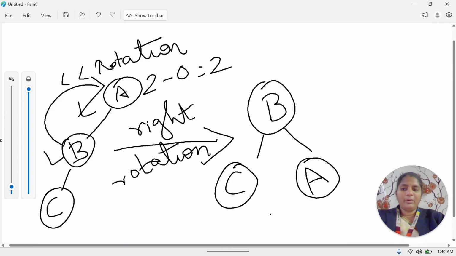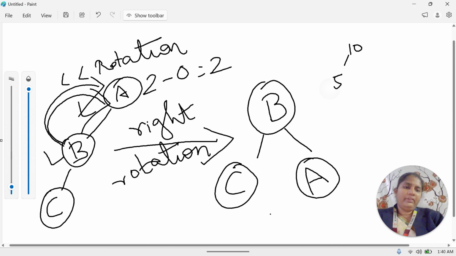We are going to move B, so B comes first, and we rotate B. So B and C come. This is for the LL case. For example, 10, 5 and 2. 5 is less than 10 and 2 is less than 5, so the balancing factor is 2.